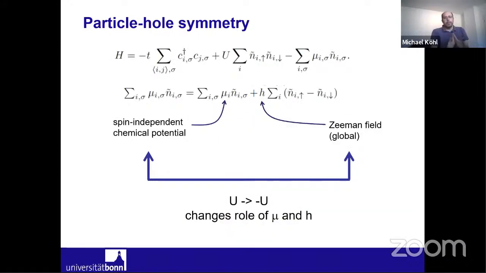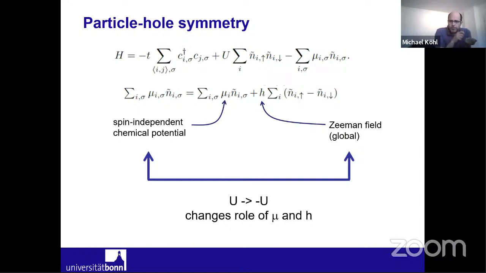Now, if we do that, we have to be a little bit more careful, actually. If we do this particle-hole transformation properly, we have to check what are the conserved quantities and how do these states map onto each other. And what we then find basically is when we do this transformation, the sign of the interaction flips.